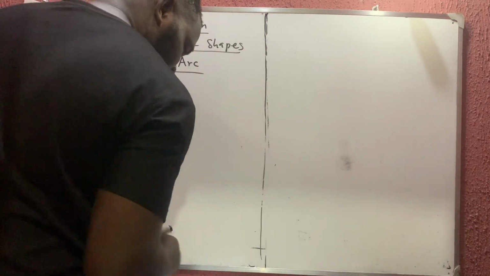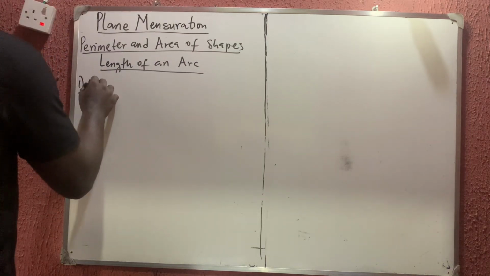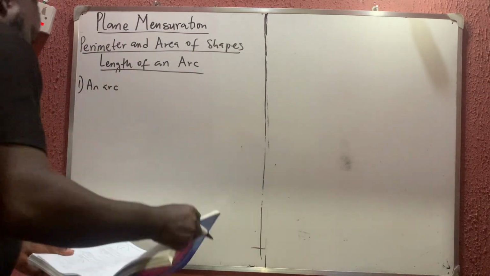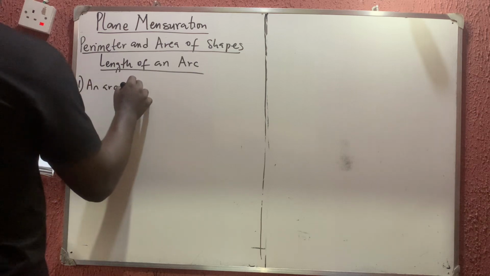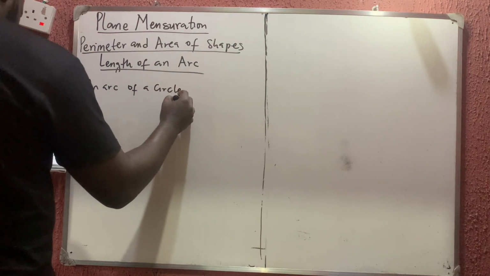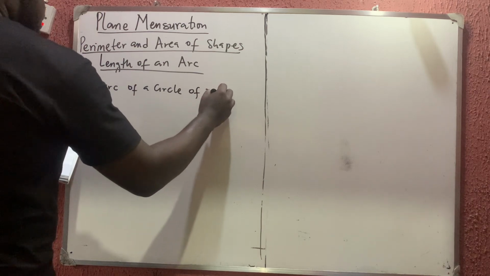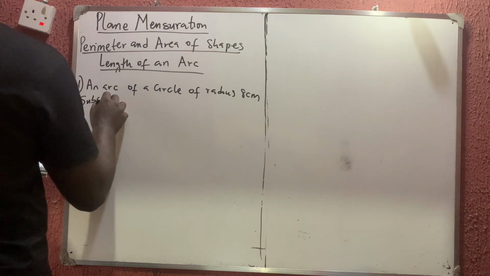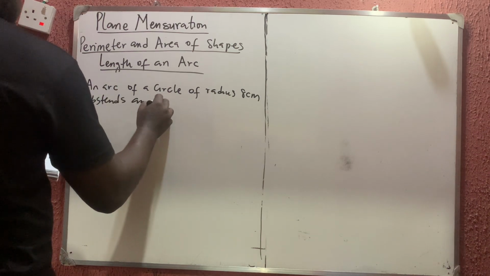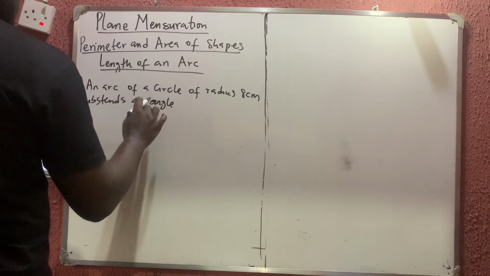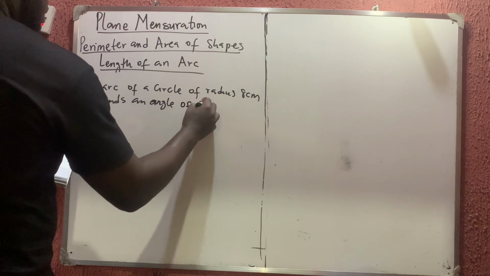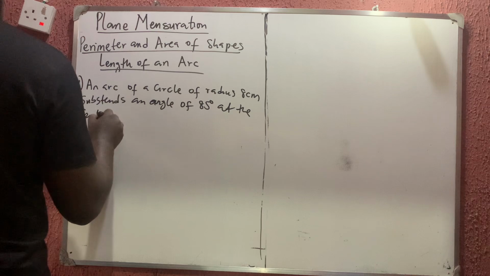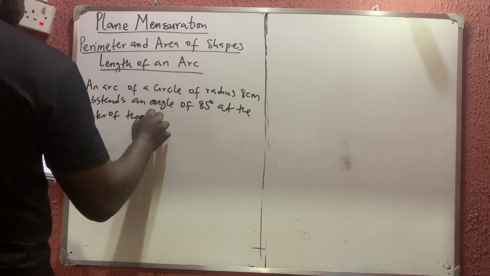Okay? So the first question we're going to solve, question number 1, said an arc of a circle of radius 8 cm subtends an angle of 85 degrees at the center of the circle.